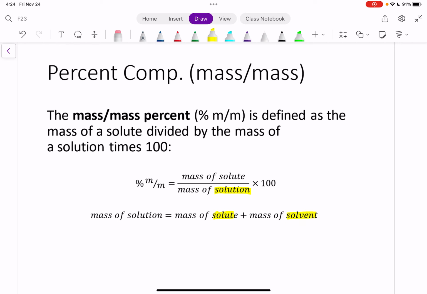So for NaCl solution, that's the mass of our solute, NaCl, for example, plus the mass of our solvent, water, for example.